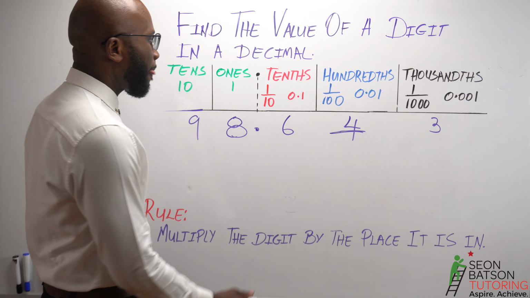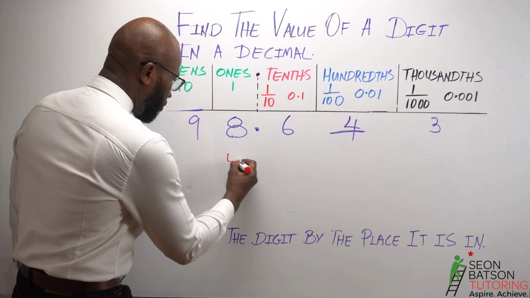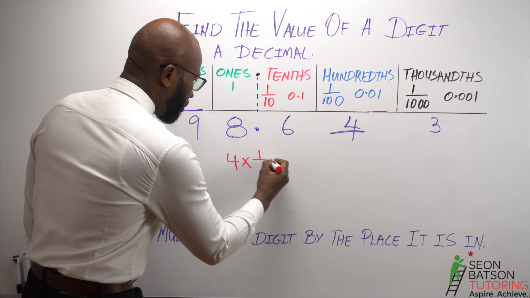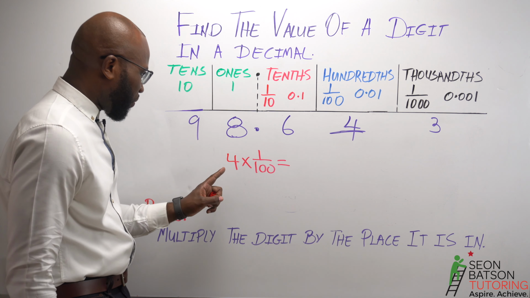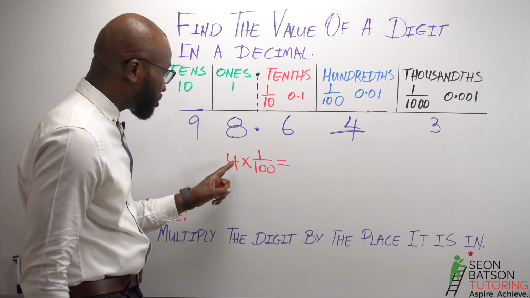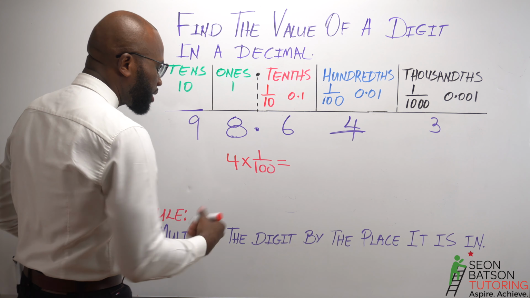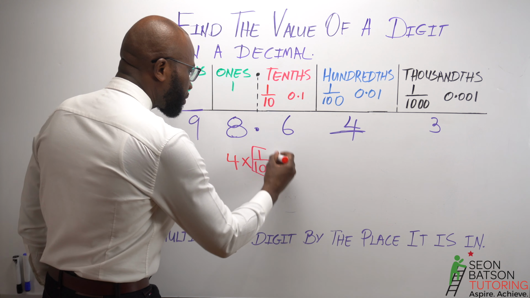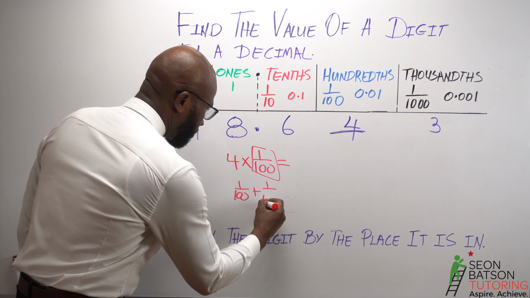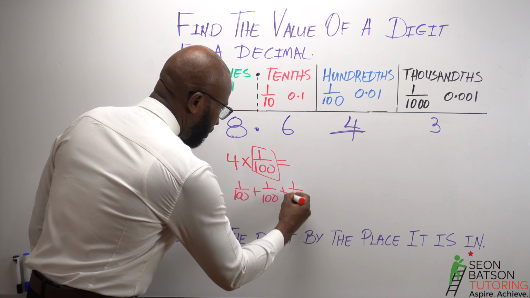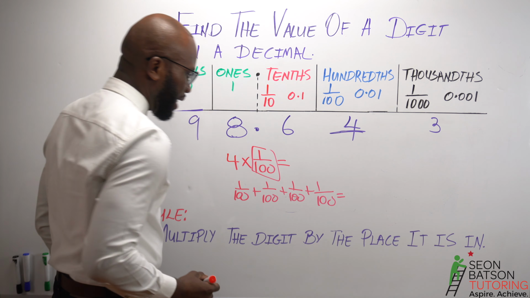Let's write the value of this 4 as a fraction first. So we'll multiply 4 by 1 over 100. What is the answer to 4 times 1 over 100? Remember, 4 times 1 over 100 simply means we have 4 hundredths. We have 1, 2, 3, and 4.